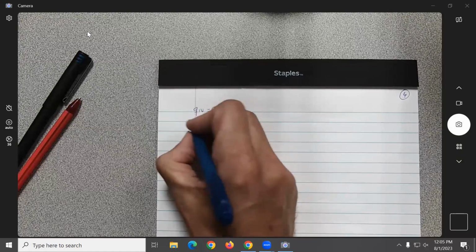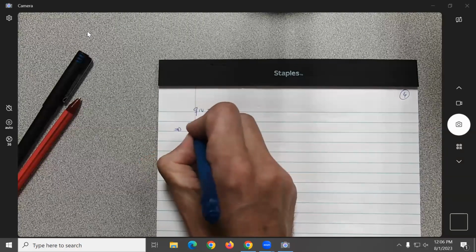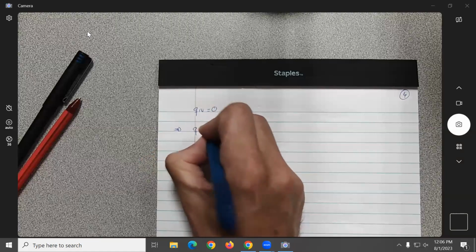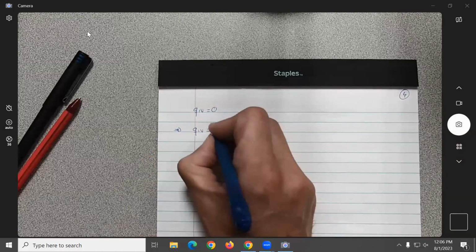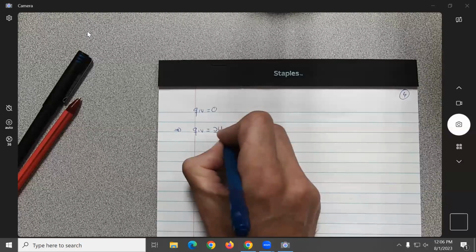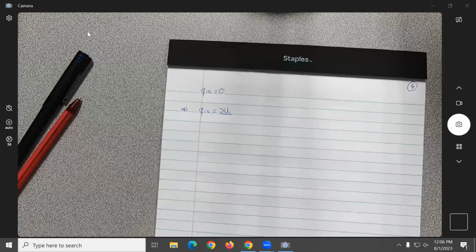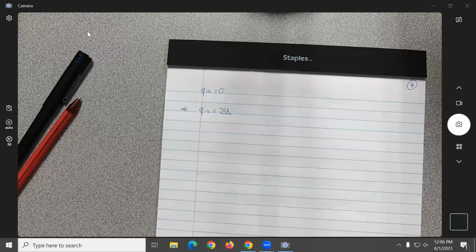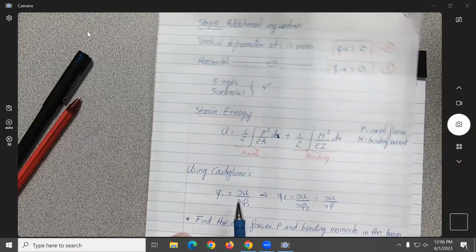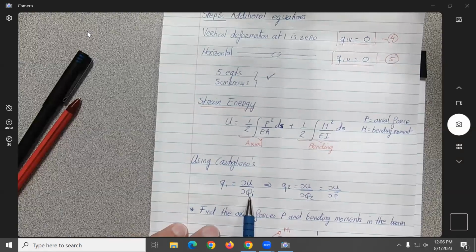All right, then what do we have? Q1 vertical will be equal to the differentiation of the strain energy. Now what do we need? In order to find the vertical deformation, we need a vertical force acting at that point, no?